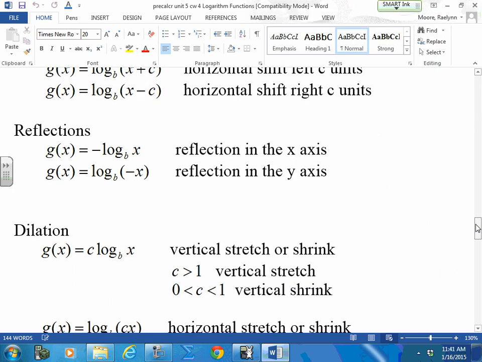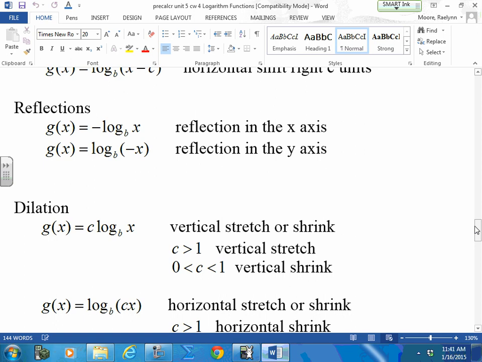If it's the x that's negating, you have a reflection over the y-axis. If it's the y that's negating, you have a reflection over the x-axis. And that all will stay the same. A dilation, and we'll do just the verticals, they work the same. If it's greater than 1, it's a vertical stretch.